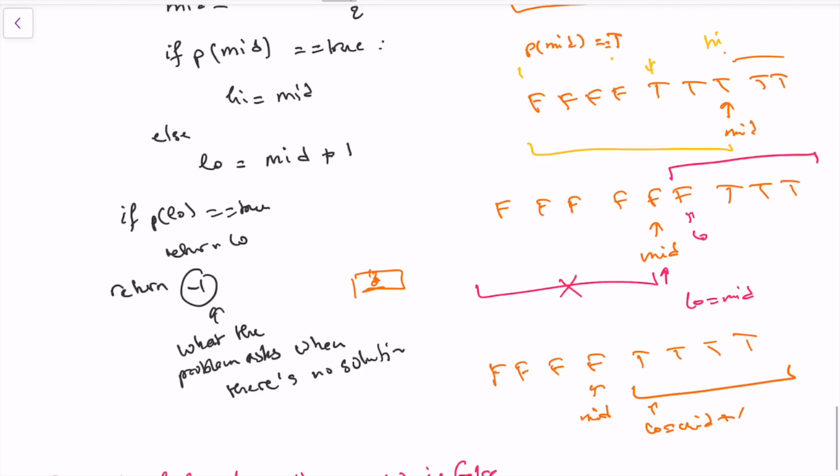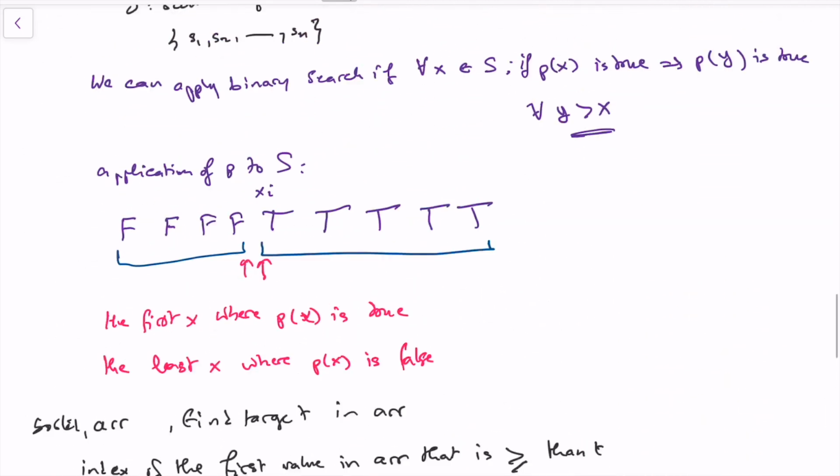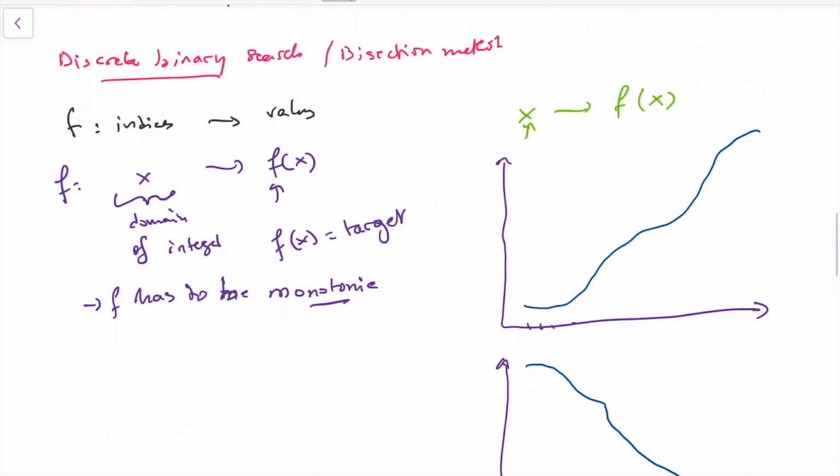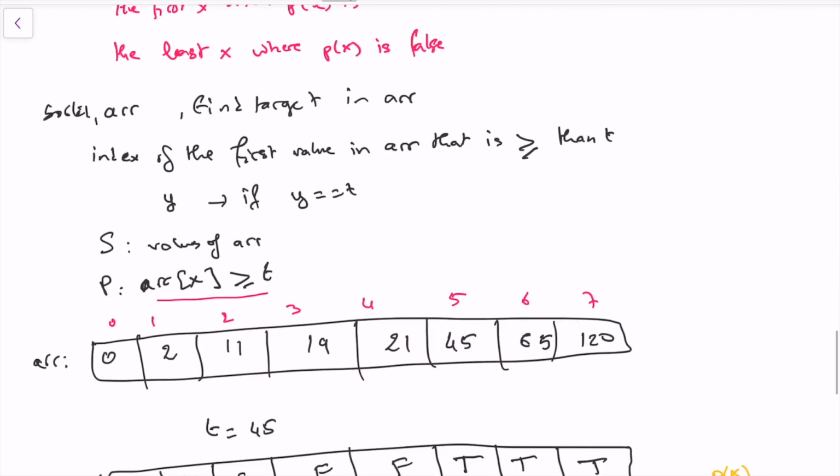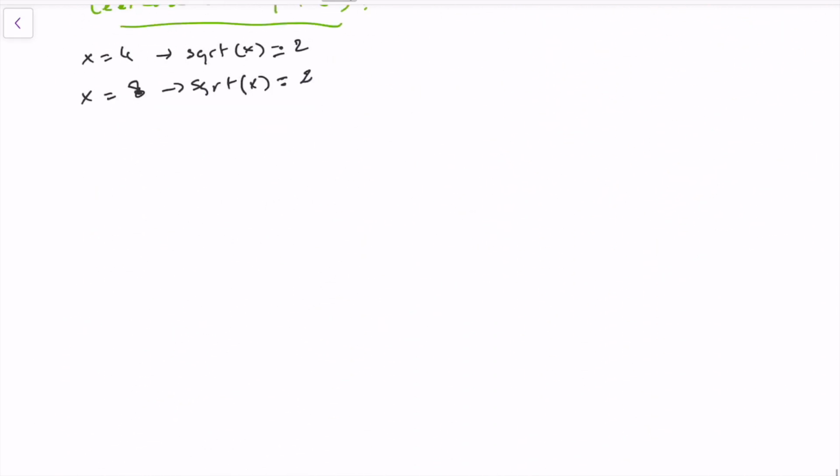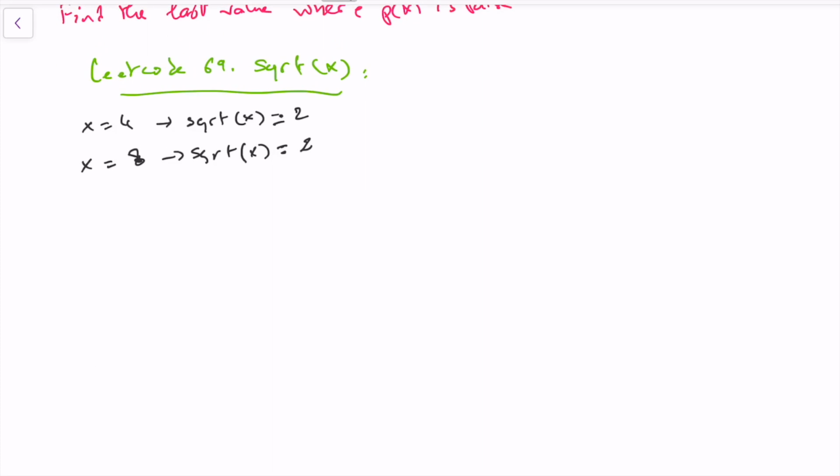And so does our criteria apply here, which we said is that the function needs to be monotonic? And here square root of x definitely is, because what you have is something like this, where x equal to 1, the square root is 1, and then x equal to 2, the square root is something more around here.